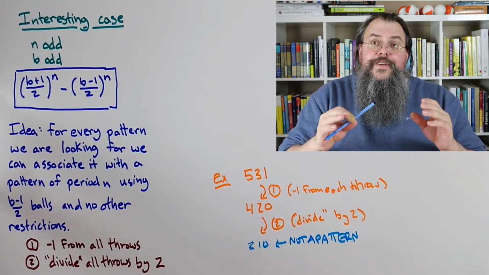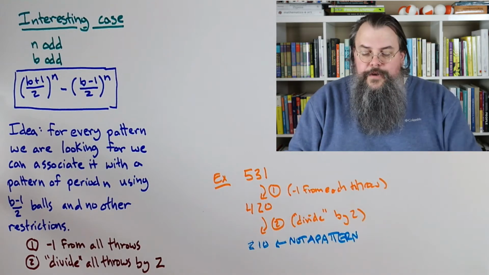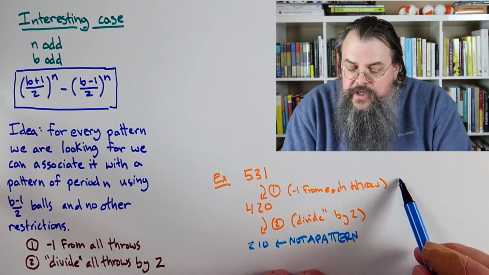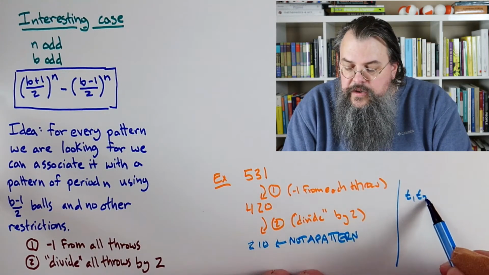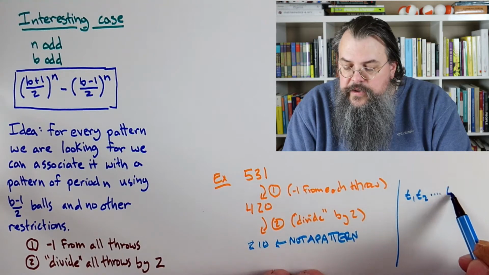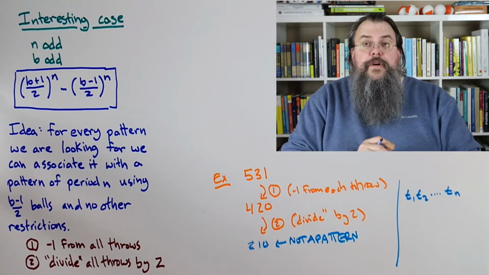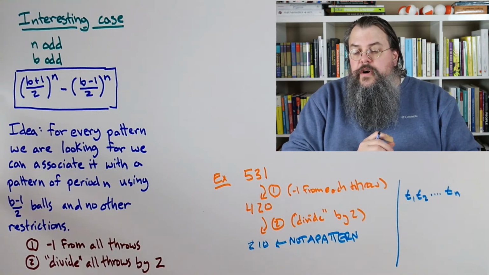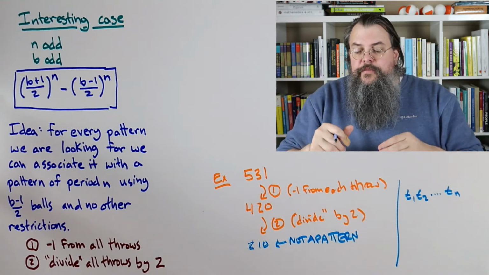The answer is the following. I'll write it in general, and then we'll go back and do the specific case. So suppose we have our pattern T1, T2, all the way up to Tn. And remember here, n is an odd number. And each one of these throws, by the way, is an even number.